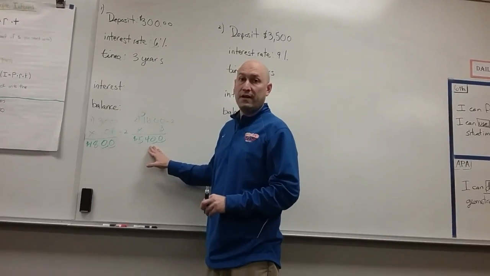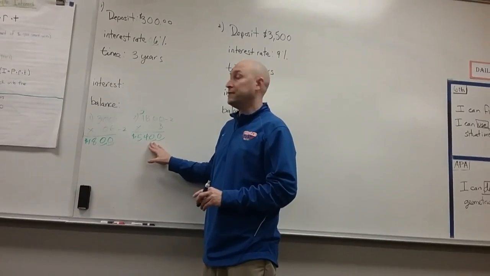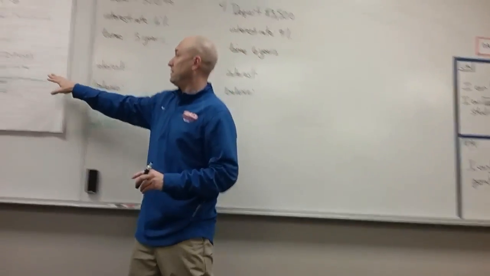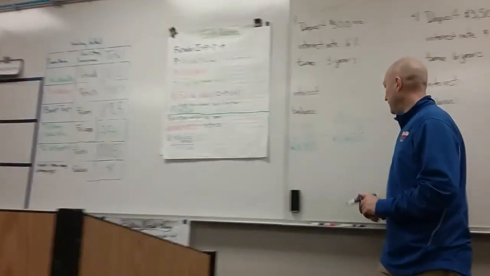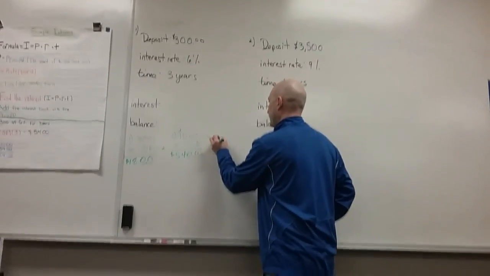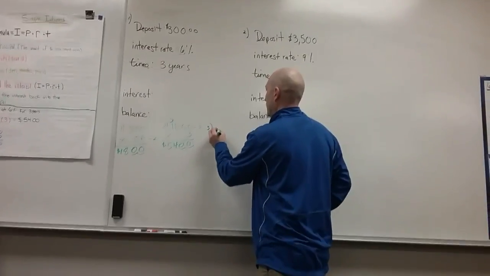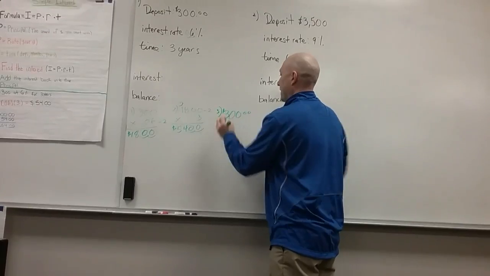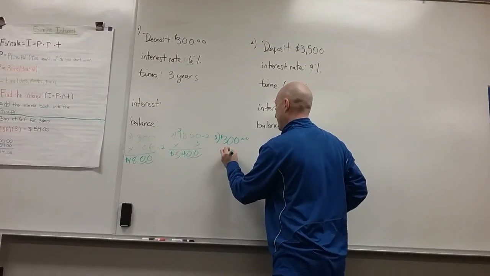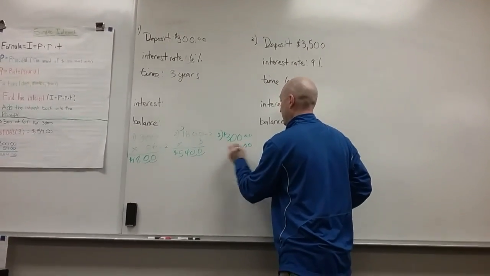Now the most important part is after I figure the simple interest, I have to go back and add the interest back into the principal. So I'm going to do that now. In my final little piece here, I've got my $300 that I start with. I'm going to add the $54 back in, lining up my decimals.